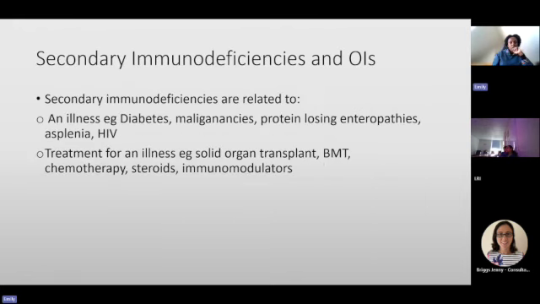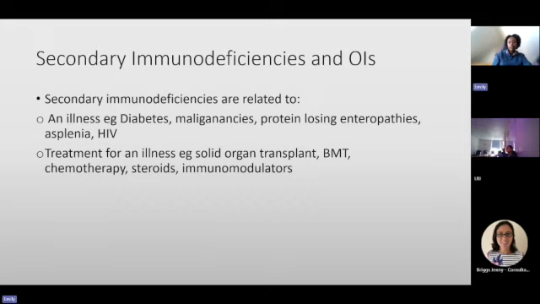So what do I mean by secondary immunodeficiencies? They are a result of an underlying illness, as I had mentioned, like diabetes, malignancies, protein-losing enteropathy, asplenia, HIV. They can also be a result of treatment.